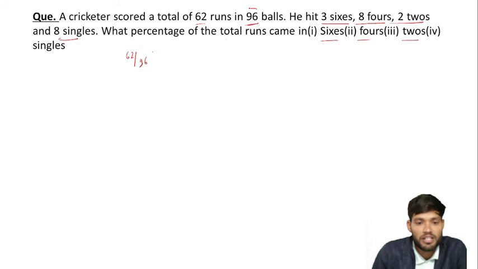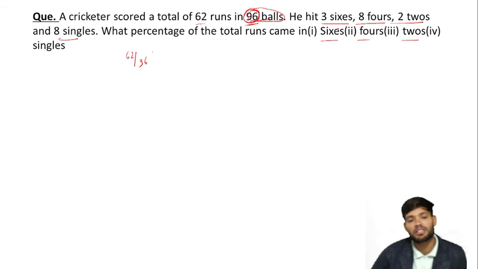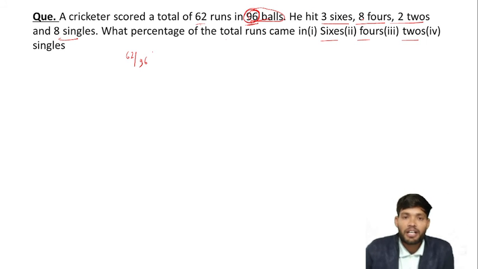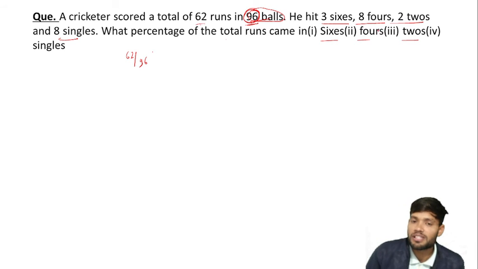That means there is no work for balls here. We only have to calculate from runs how much percentage came in sixes, how many percentage runs came from the fours, the twos and the singles.